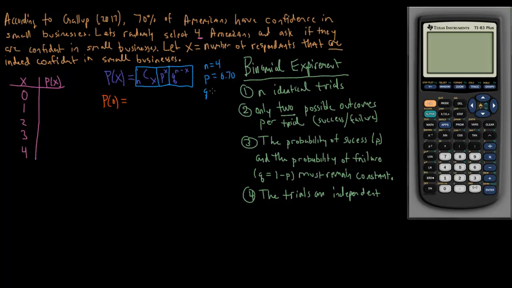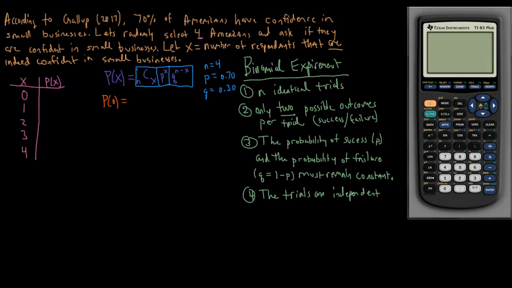Q, that's 1 minus P. It's the probability of somebody saying they don't have confidence in American small business, which is 0.3. Okay? So 0.7 and 0.3. 0.7, of course, is the probability of success, what we call success in this case, because if you're confident, we're going to say that's success.